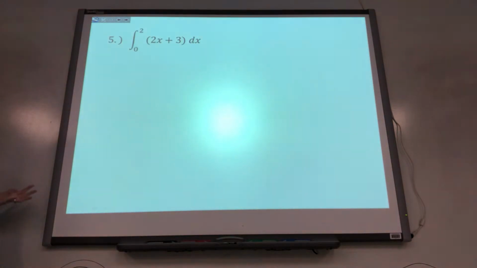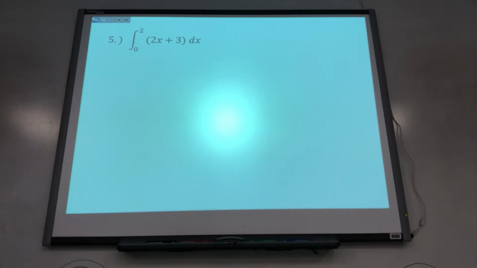All right, now they're not all going to be just rectangles, so let's try a couple more. Number 5, the integral from 0 to 2 of 2x plus 3 dx.